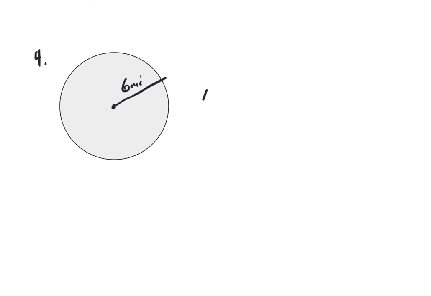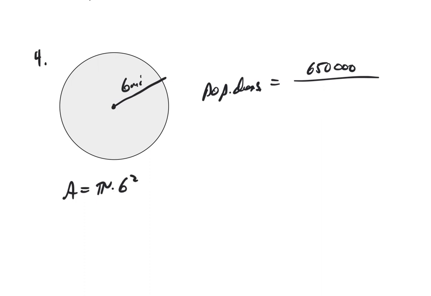Okay, number 4, about 650,000 people live in a circular region with a 6-mile radius, so pretty much the same deal. Instead of a 12-mile radius, we have a 6-mile radius, right? So just a smaller circle. And once again, population density. So it's going to be the number of people, in this case 650,000, divided by the area. And again, because it's a circle, the area of a circle is pi times the radius squared.